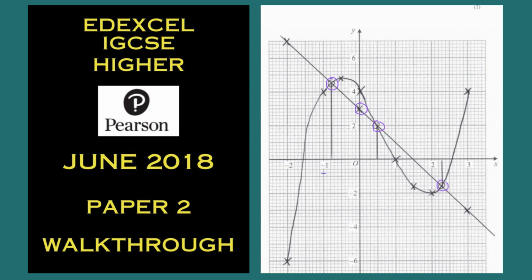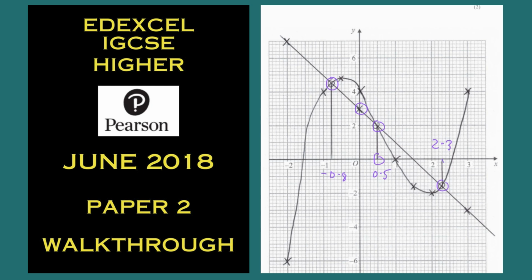So I got minus 0.8, kind of ish, just slightly under. I got also here, you can just see it's bang on 0.5. And down here, my line's slightly off, I reckon, but never mind. That's 2.3. Now, believe it or not, I got them more or less spot on. Do make sure your original drawing is accurate.